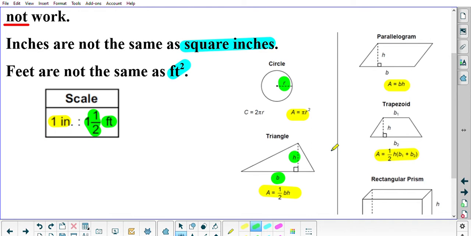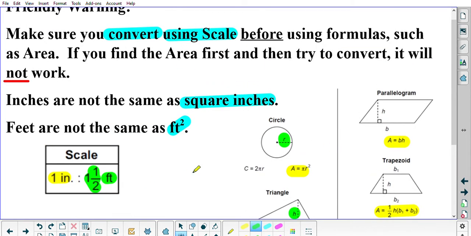You're going to have to convert those measurements using the scale before you actually use the area formula. If you try to find the area first and then convert it, it will not work, because then you won't have just inches or feet. You would have square inches, which is not the same as regular inches, and the scale no longer will work. So that's a helpful tip I need you to remember.